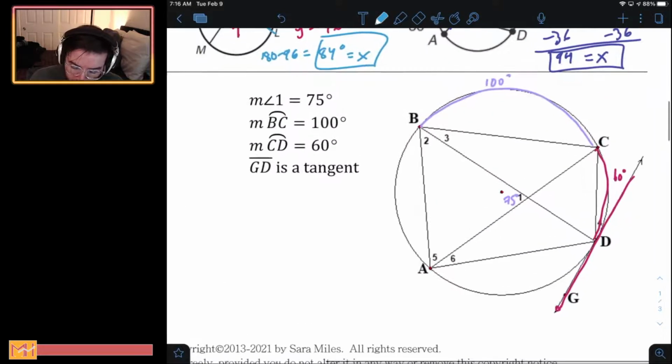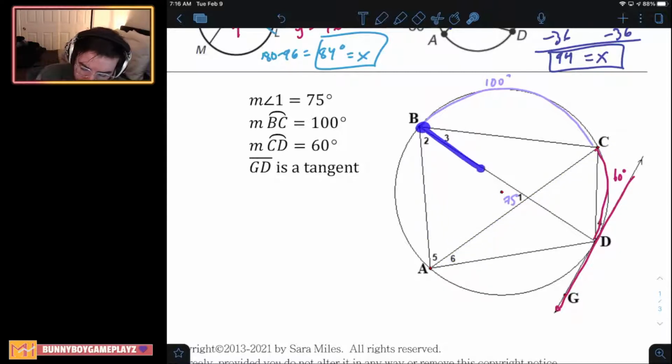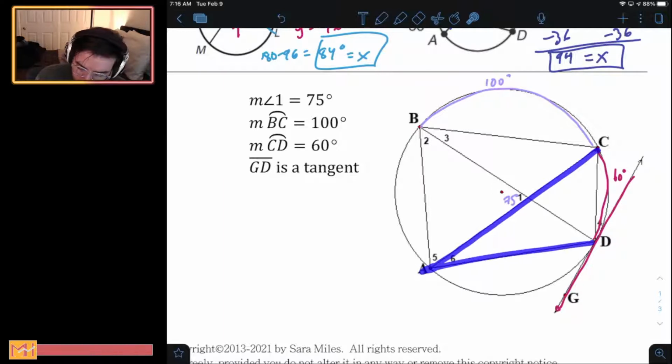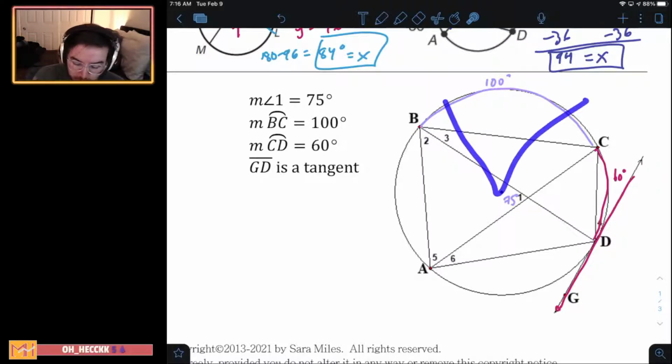So let's just observe for 20 seconds here what type of angles we have. We have inscribed angles because the vertex is on the edge. We have all kinds of inscribed angles. There are no central angles, none of these are central because the center is not the vertex for anything.